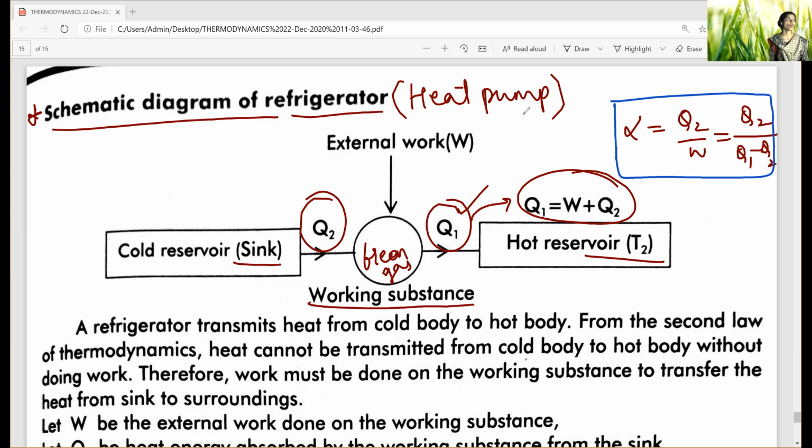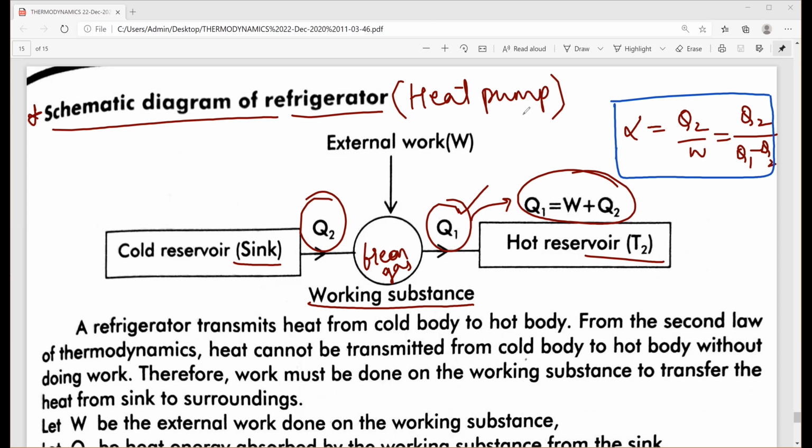So this is all about the working of a refrigerator and the efficiency of that refrigerator.